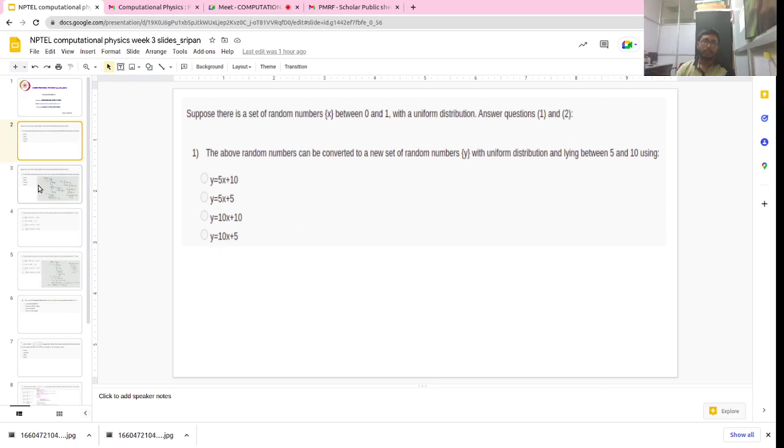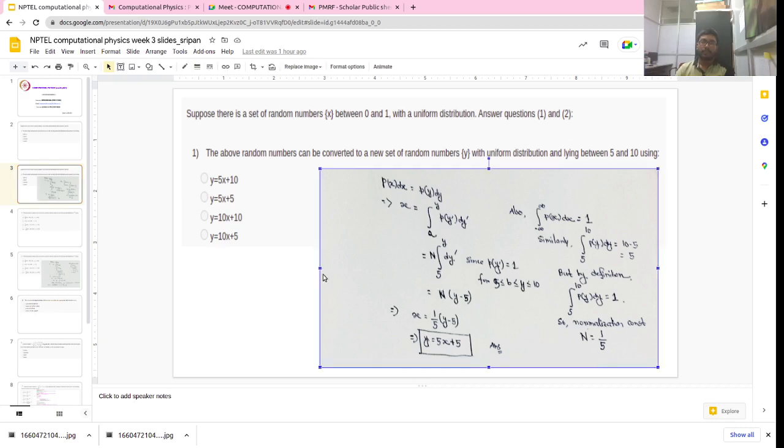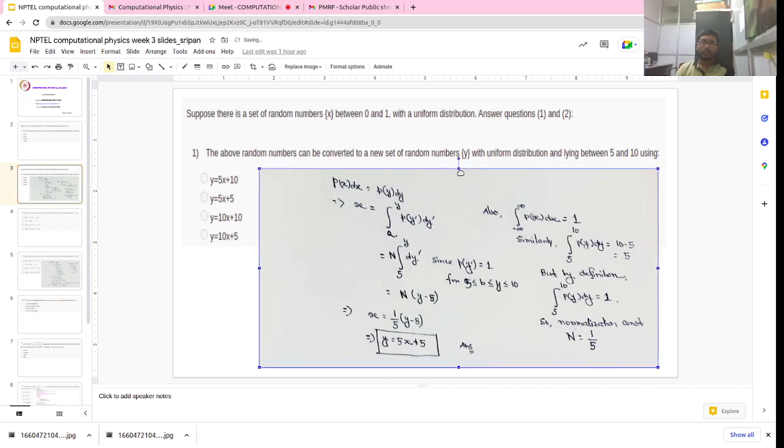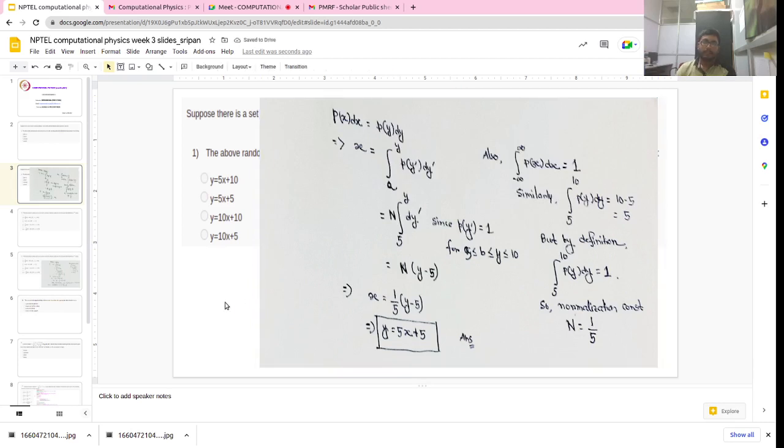So the method we can use, my solution, is visible here. Let's say you have two distributions, one for x and another for y. The conservation of probability tells us that px dx equals py dy for the two different distributions.